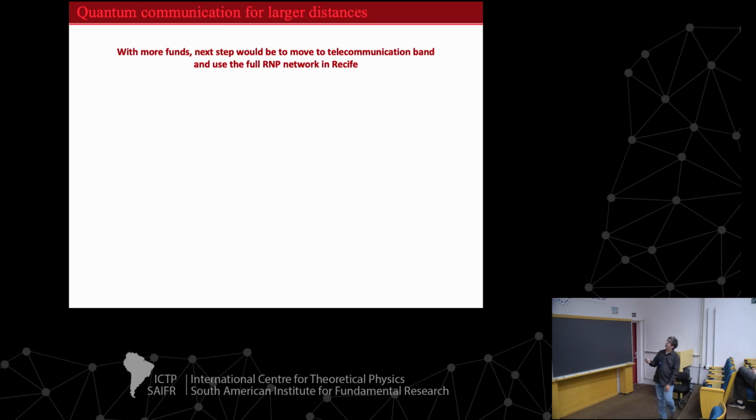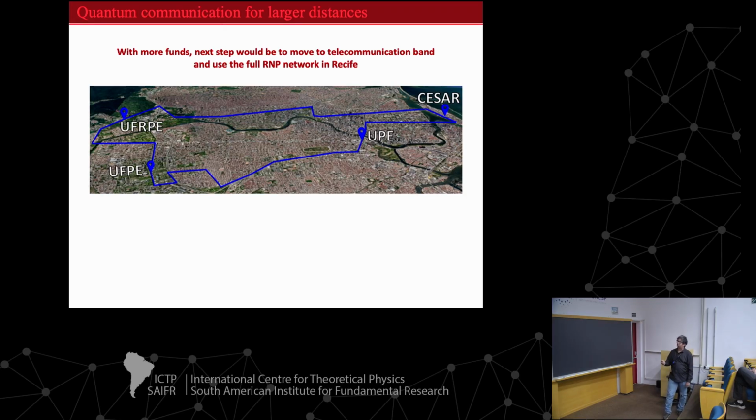And finally, if we have more funds, then we can move to telecommunication applications. The idea is we already have the RNP network that makes a circle around Recife. Now we are connecting UFPE with UFRPE. That's just 10 kilometers. But this whole circle, from here to here, is around 30 kilometers, so the whole circle is around 40 kilometers.